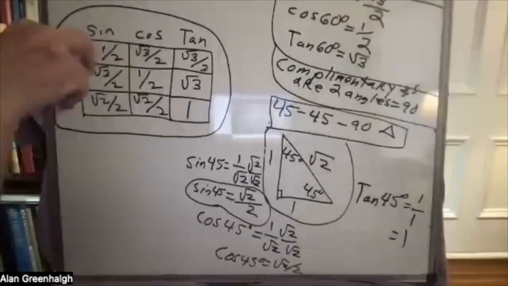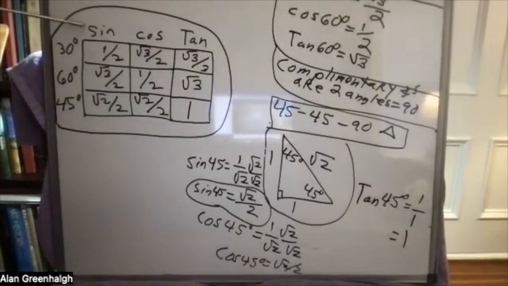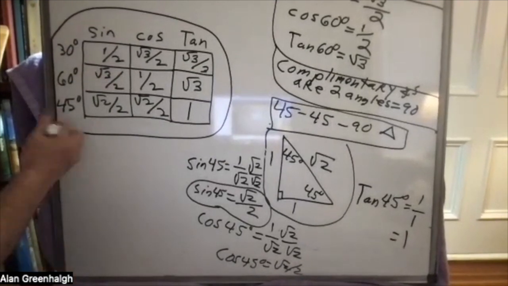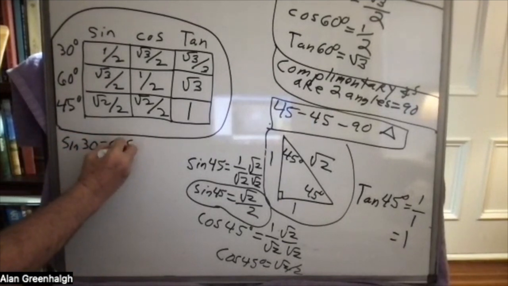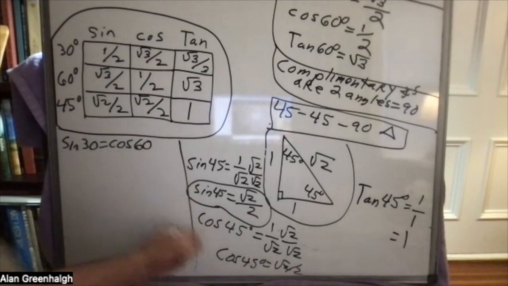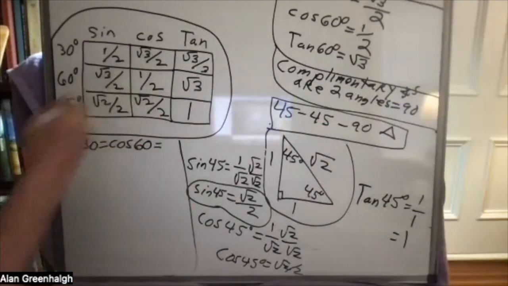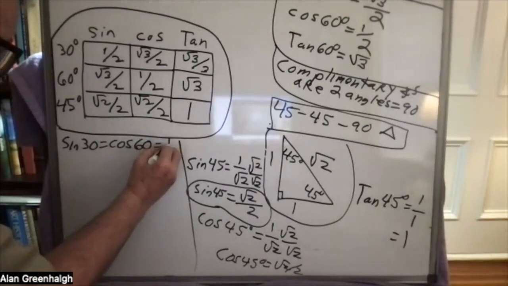For example, sine, cosine, tangent. The sine of 30 is equal to the cosine of 60, which equals one half.